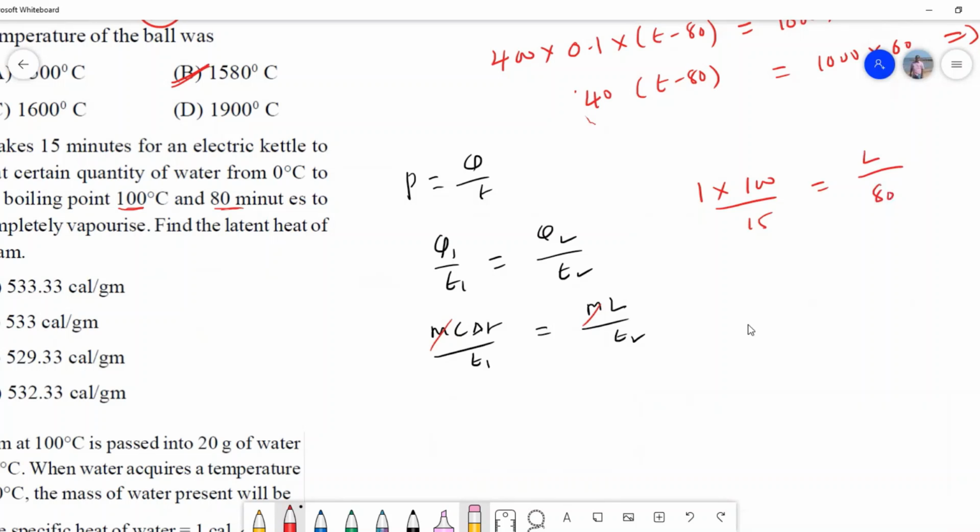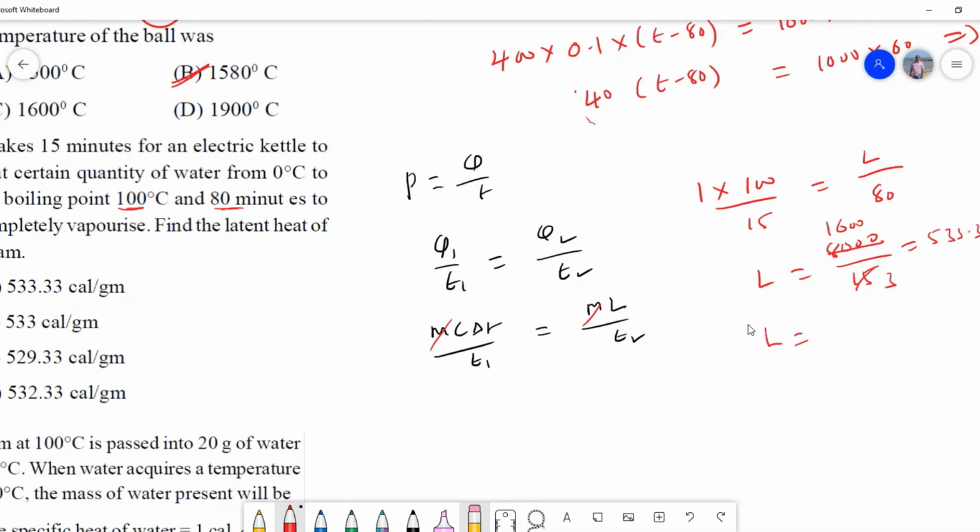So here we need to find out L is equal to 8000 by 15. Is it 8000? Sorry, 5 1600s. So this is 8000 by 15, nothing but 533.33.